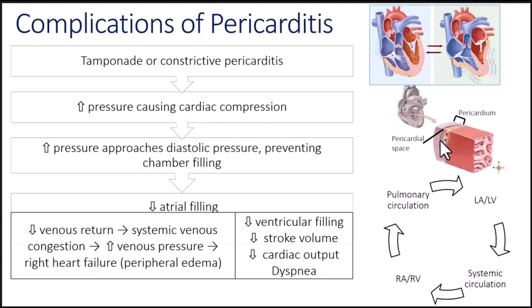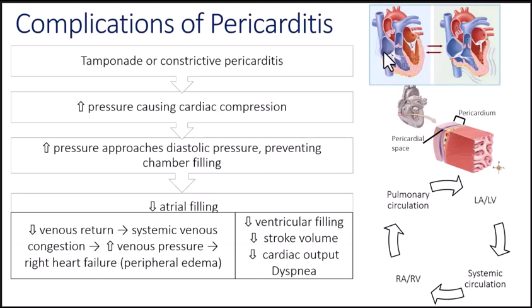And so as this pressure is exerted onto the heart, that pressure is going to approach our normal diastolic pressure, which is our filling pressure. We need an appropriate pressure to allow for our chambers to fill with blood during diastole. This is likely going to impact the right atria first because it's under less pressure. It's easier to reach that pressure from that pericardial fluid around here. And so it's going to reduce the ability of that atria to fill.